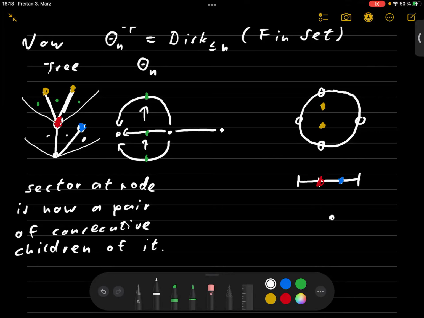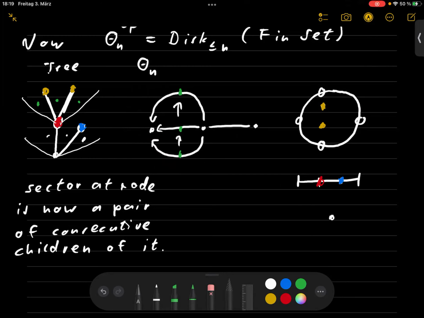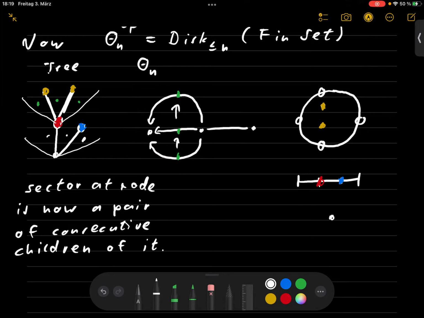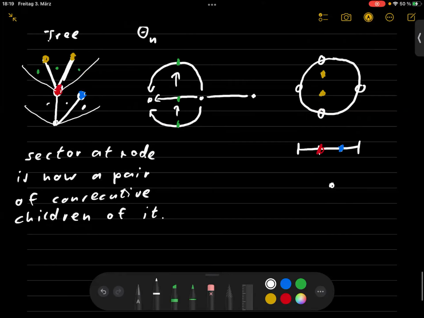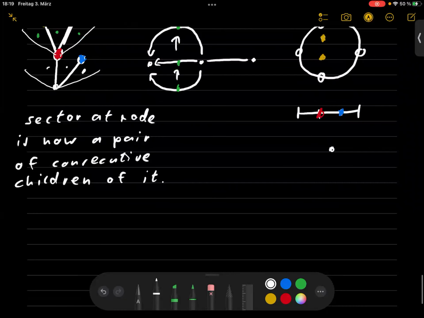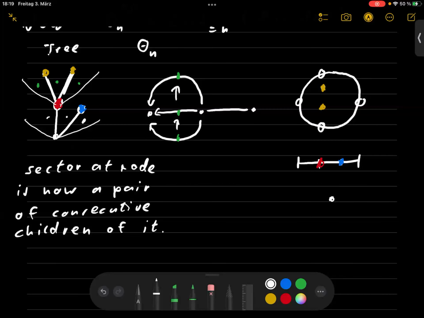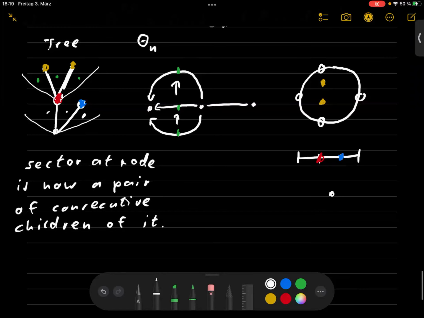Okay, and now let's see what we could do with this. A map of trees is just a map that preserves all the edges and incidence relations and sends these formally added vertices at the end.